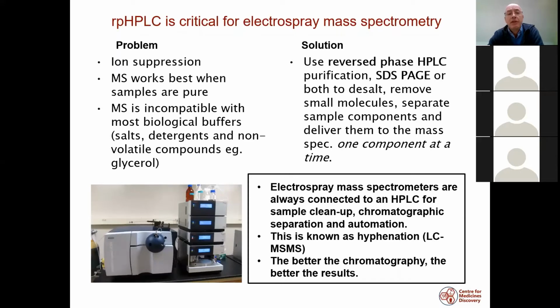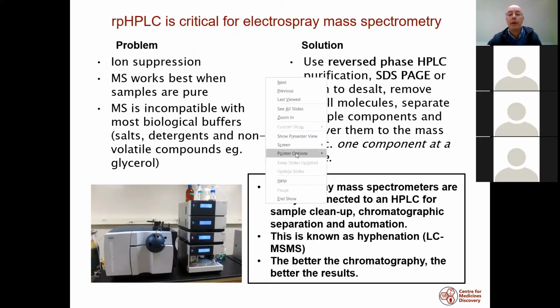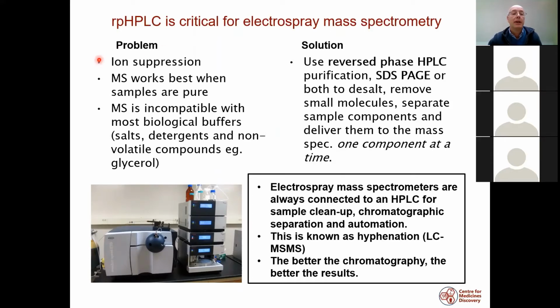So reverse phase HPLC is absolutely critical in electrospray mass spectrometry. The reason for this is basically down to ion suppression. Ion suppression is a big problem, or it was a big problem, in mass spectrometry. Because of ion suppression, which can happen in mixtures of samples, mass spectrometry always works best when the samples are pure.